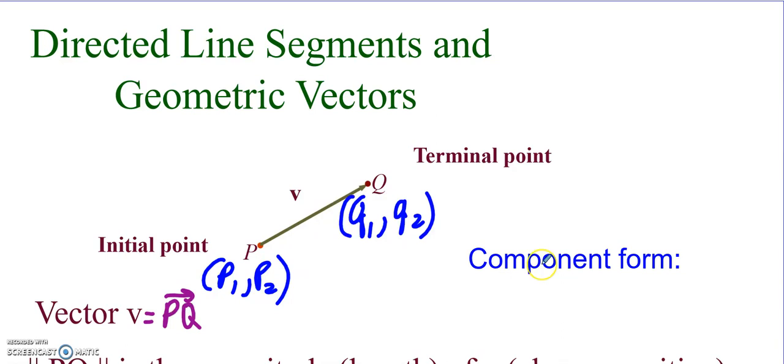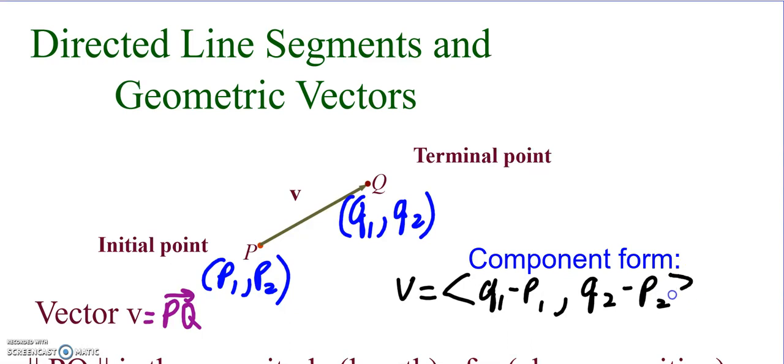What we want to understand more, though, is what we call component form. So how do we come up with component form for a vector? So I can say vector v, if I'm using these points, would be the components, and so you use these angle brackets. So vector v would be the components q1 minus p1, comma, q2 minus p2.